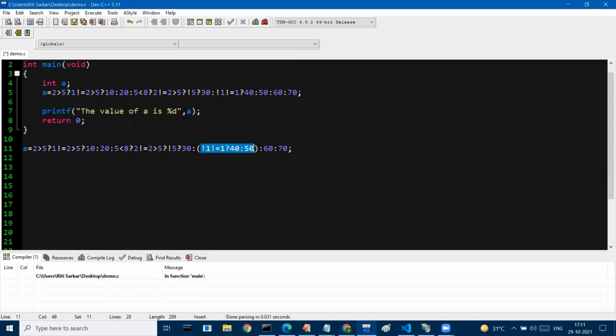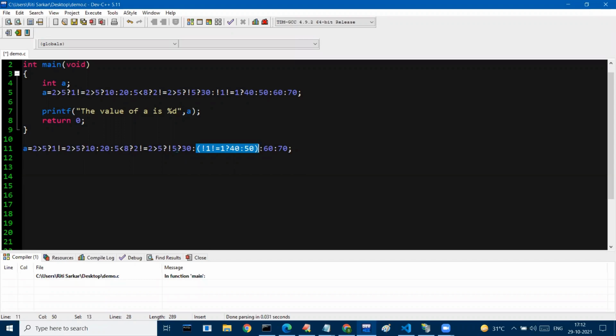Next, what is the next question mark? This is the next question mark. Who is expression 1? This is expression 1. Who is expression 2? This is expression 2. Who is expression 3? This is expression 3. For this question mark, this is my expression 2 and this is my expression 3. Then what about expression 1?